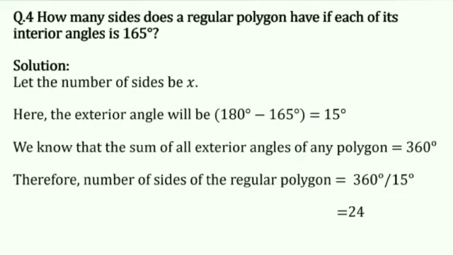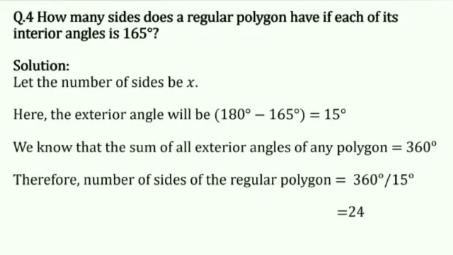Why? Because 180 degree we are taking because we know that the sum of exterior angle and the corresponding interior angle is 180 degree because they are making a linear pair. So now we know the sum of all the exterior angles of any polygon, that is 360 degree, and we know the measure of exterior angle of this particular polygon, that is 15 degree, that we have calculated.